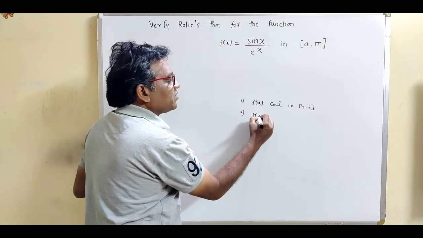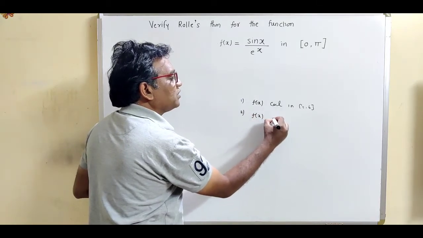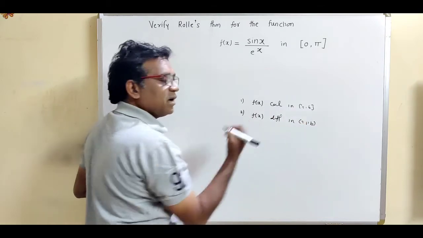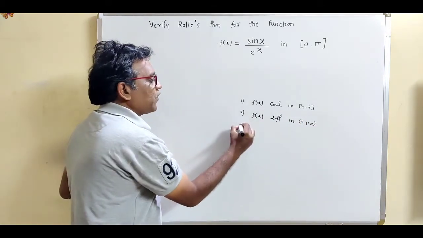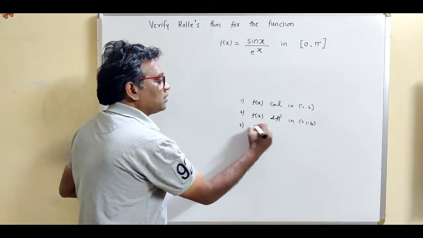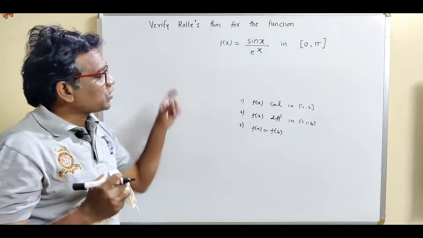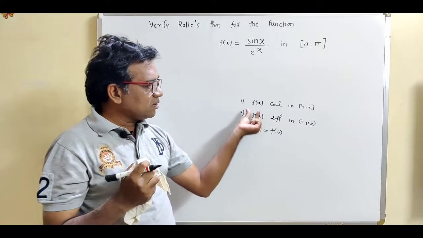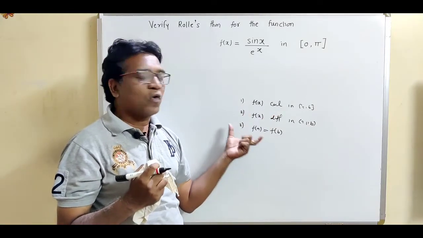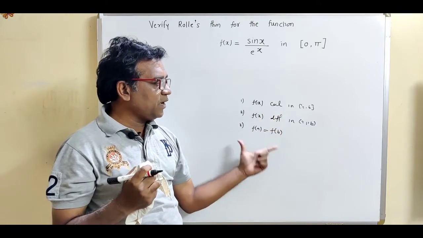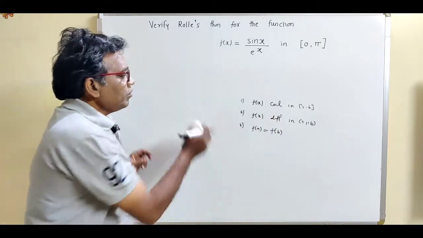Verify the second condition, whether the given function is a differentiable function in the open interval (a, b). And verify the third condition, f(a) is equal to f(b). First of all, we have to check these necessary conditions for Rolle's theorem: the continuity, differentiability and equality.